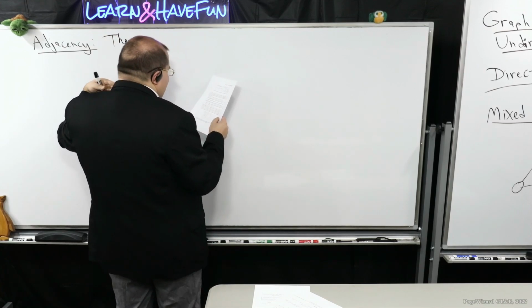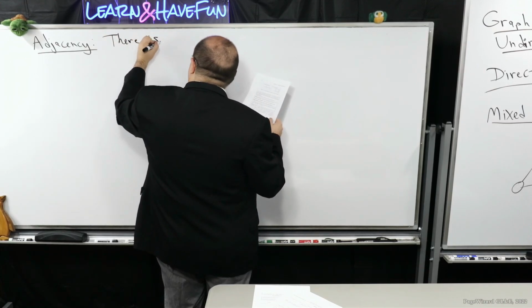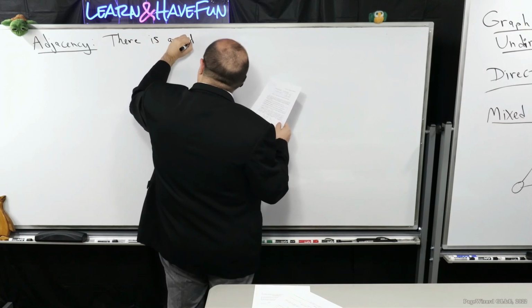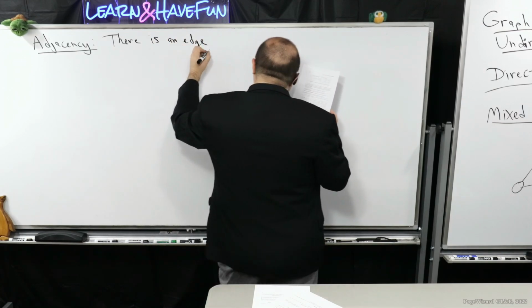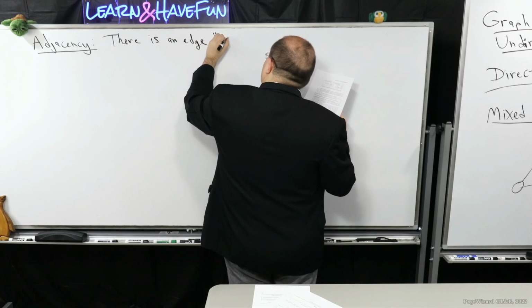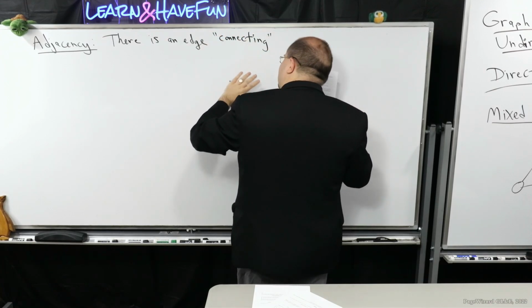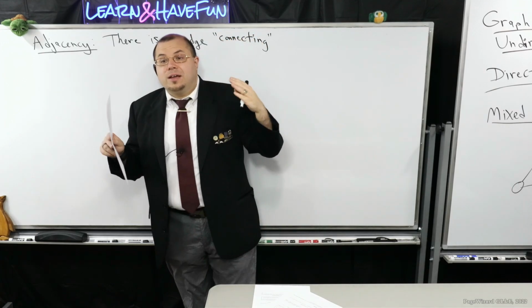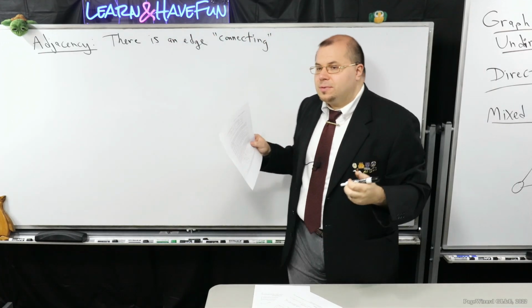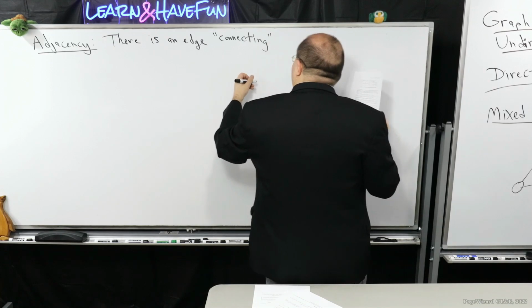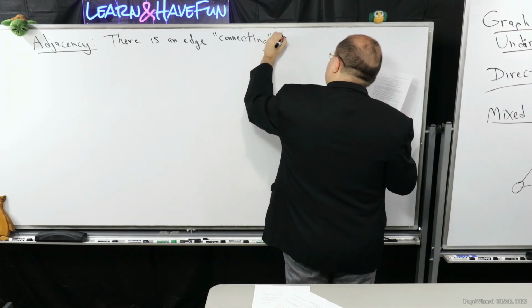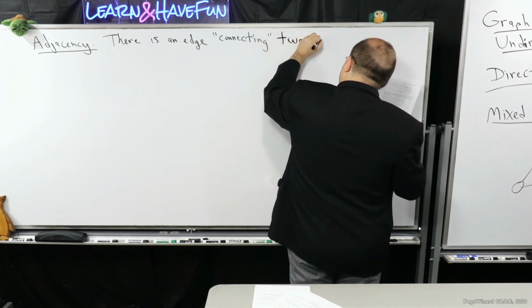I'm trying to give you a formal way of talking about this so it's not confusing. There is an edge "connecting", and I'm going to use quotation marks around this because we're going to have this idea of connected for a graph at some point soon, there is an edge connecting two vertices or nodes.